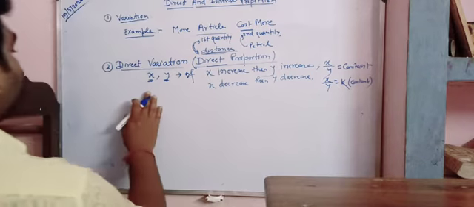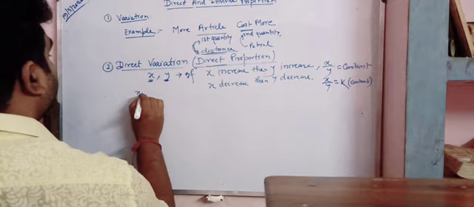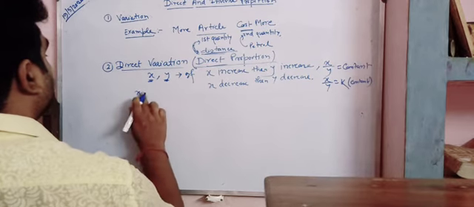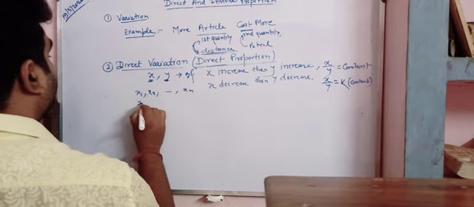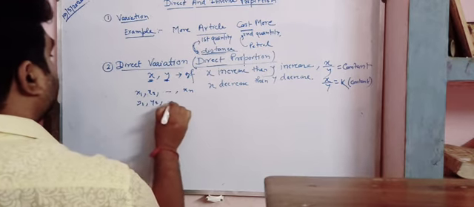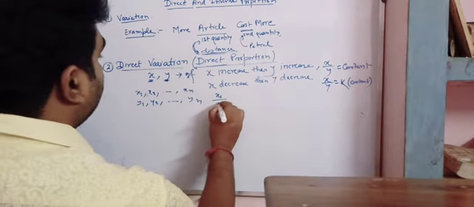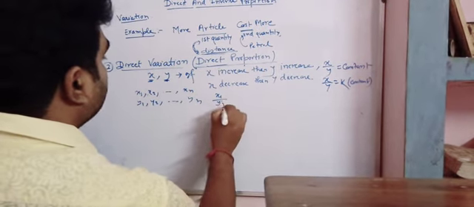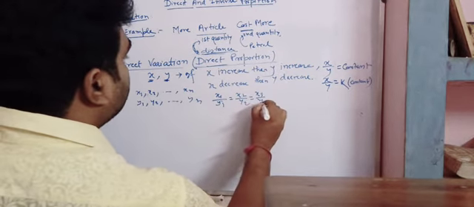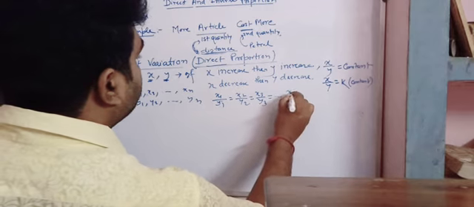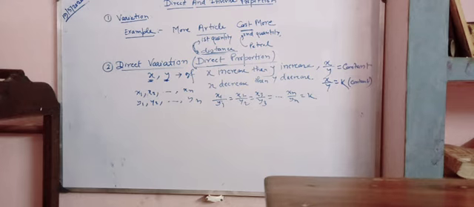If we are taking different quantities, that is x1, x2, xn, and for that y1, y2, yn, then we say that x1 by y1 is equal to x2 by y2 is equal to x3 by y3 is equal to xn by yn is equal to k. Understand that?